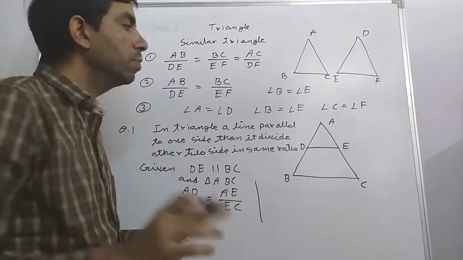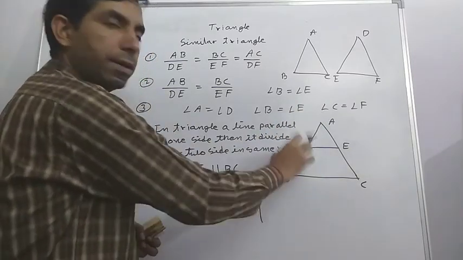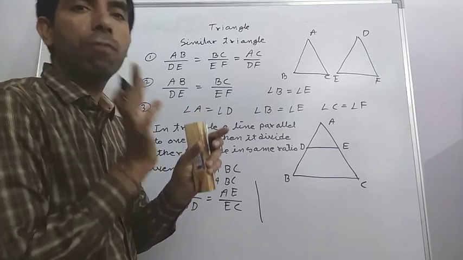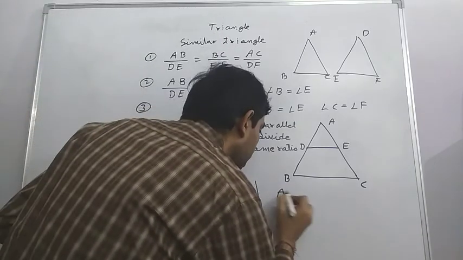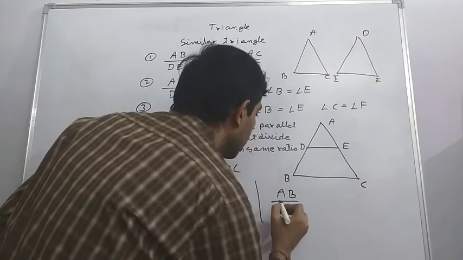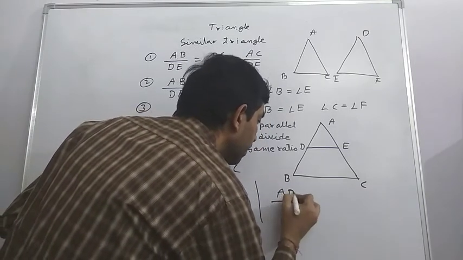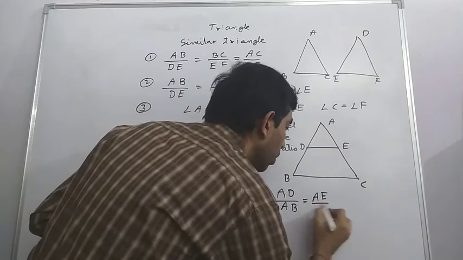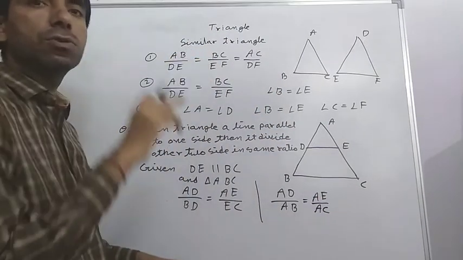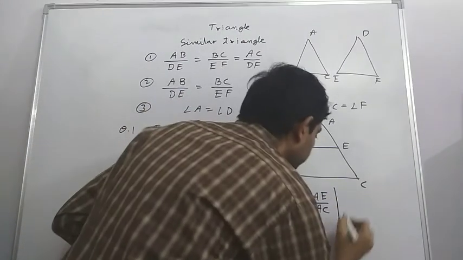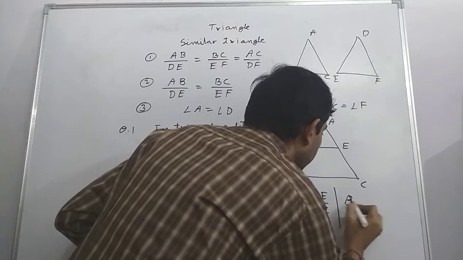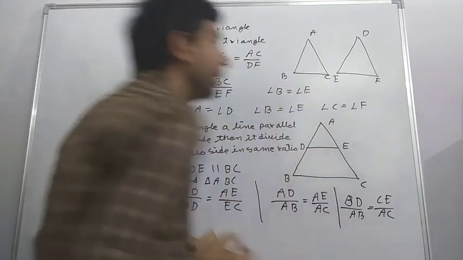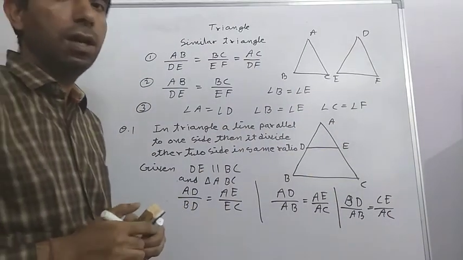Side ratio means the ratio of two parts, but any one part can also have a ratio to the total, meaning AD upon AB equal to AE upon AC, the upper part ratio with the total sides, and BD upon AB or CE upon AC, the down part ratio with the total sides.